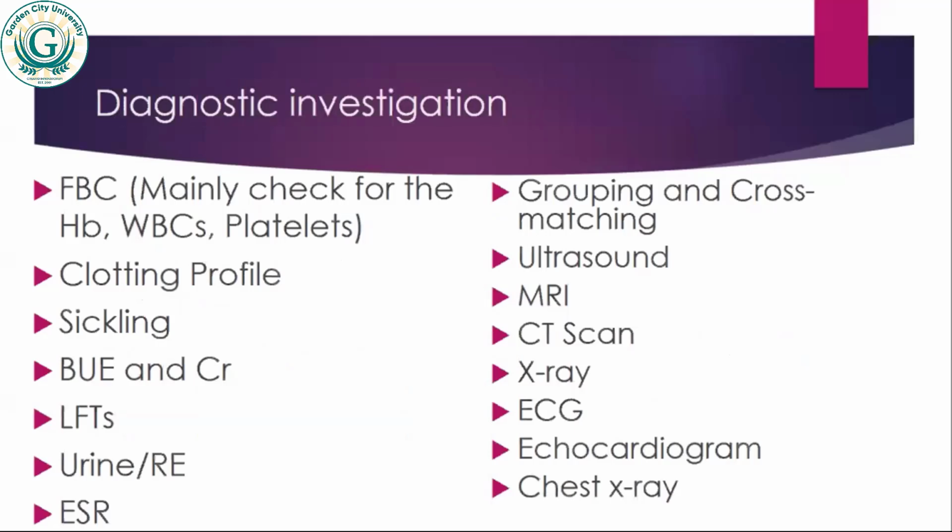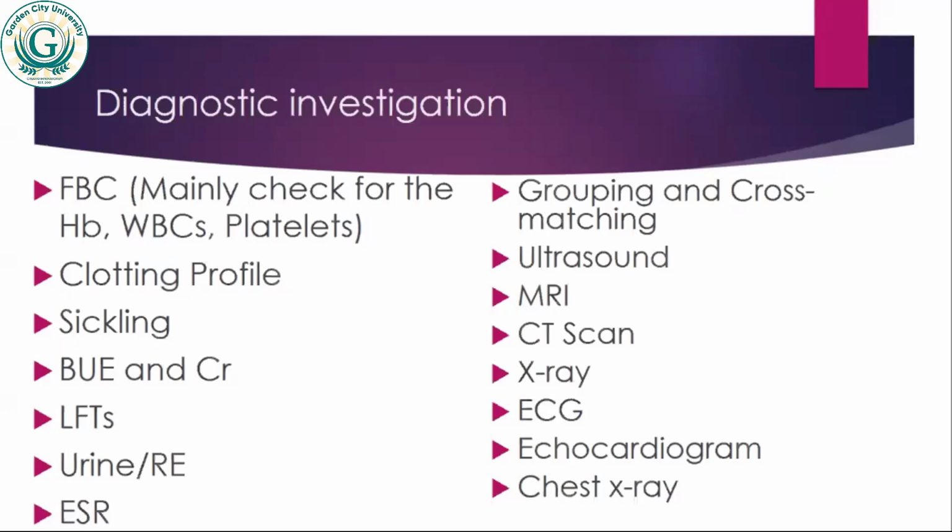And so for diagnosis, FBC, clotting profile, sickling, BUE, creatinine, LFT, these are general diagnoses for all patients undergoing these surgeries, right? All patients. Some, because of the condition, what is affected, maybe it's cerebrovascular, they would want to do ECGs, echocardiogram, chest x-rays.